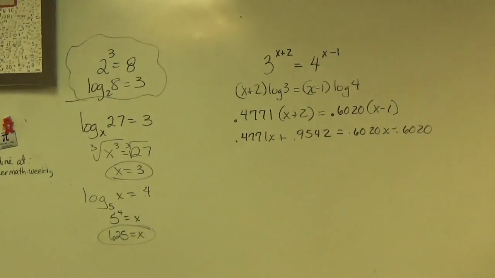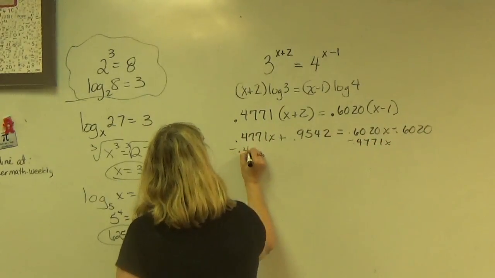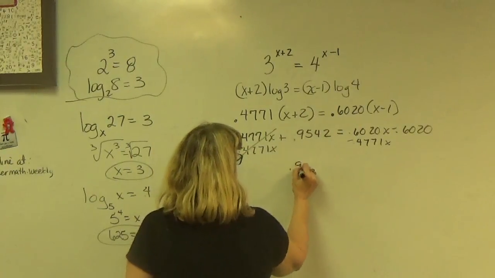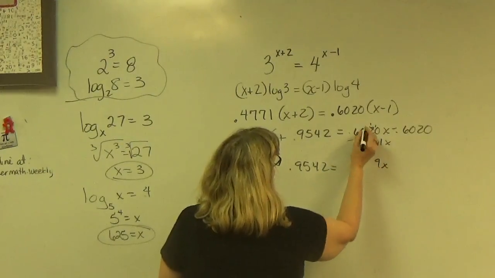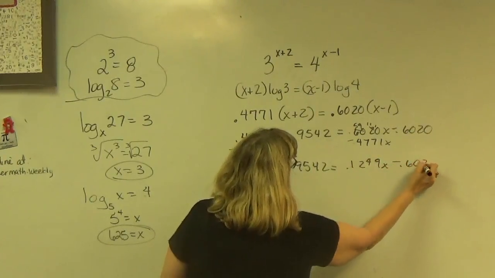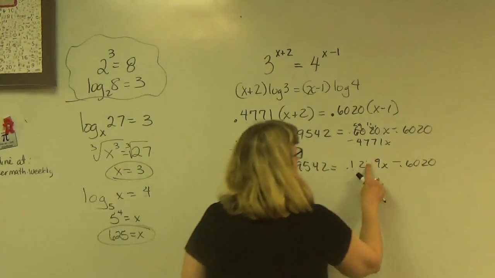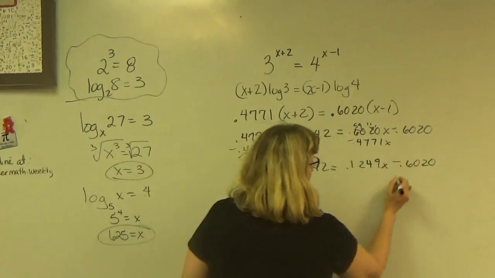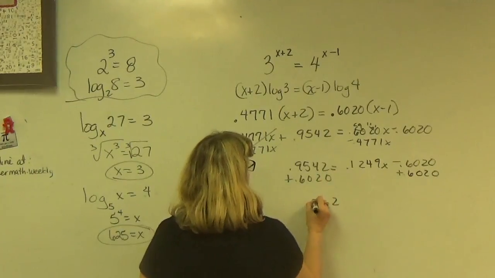What would we do? Subtract or add this. I think I'd subtract 0.4771x, the smaller one first. You guys can do the work for me. So that cancels, I get 0.9542 equals 0.1249x minus 0.6020. And then you add 0.6020. So 1.5562.